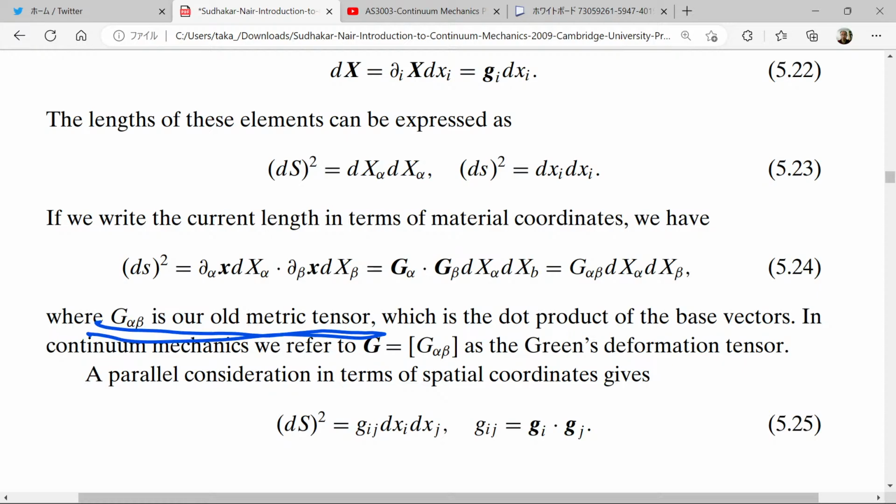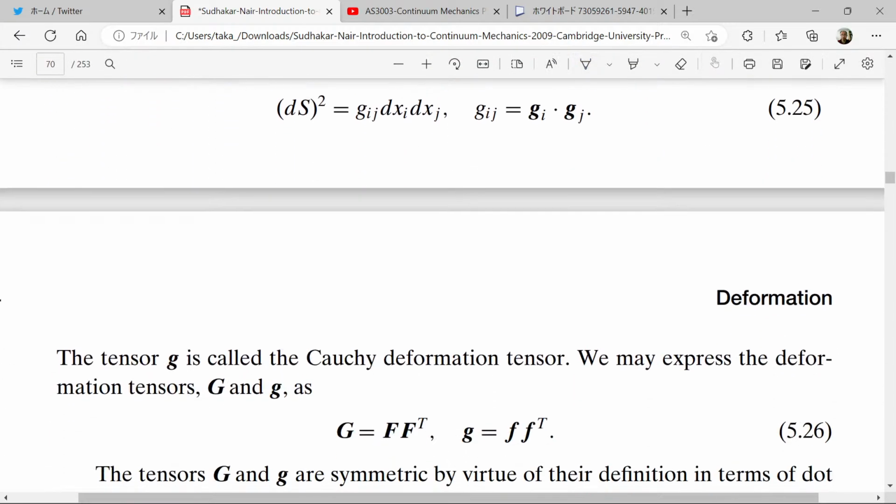which is the dot product of the base vectors. So this is exactly the definition.